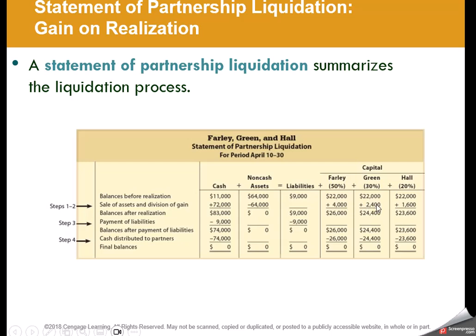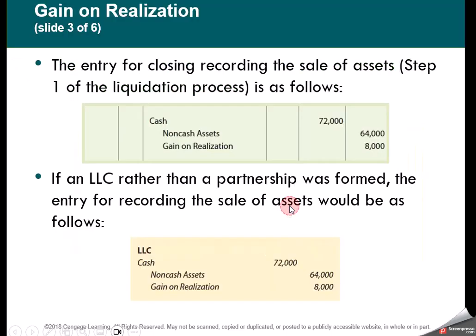So their balances before the realization. So they each had 22,000 before. Then they added in their gains, so that is what they have in their accounts. So it isn't the exact split of the 50, 30, and 20. It's what's in their partnership accounts.